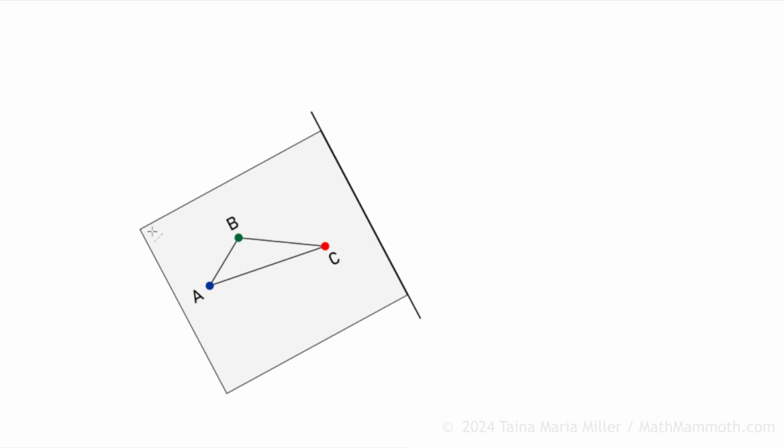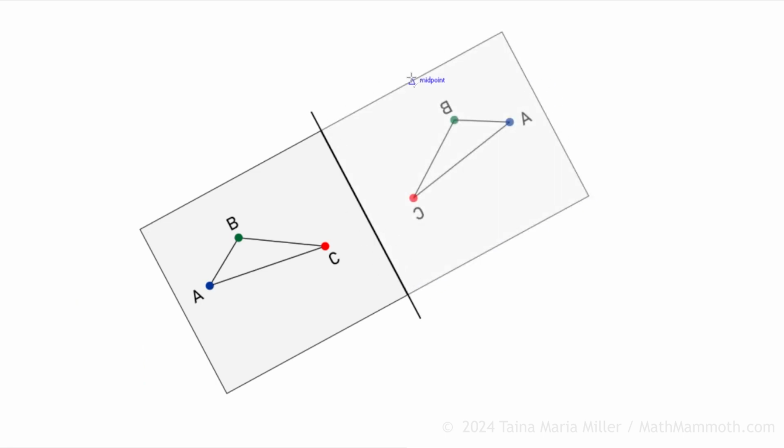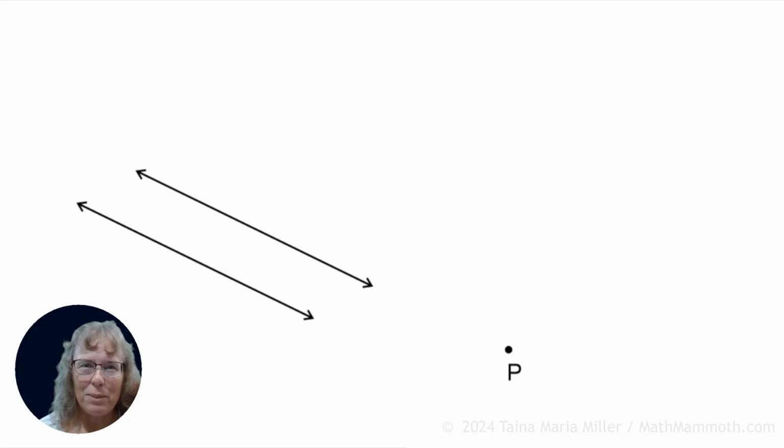You just flip it and move it over to the other side of the reflection line, and the result will look like this. Okay, so this would be your paper again, but it's now flipped over and moved over here. Again, notice that the perpendicular distance here is the same as the perpendicular distance here to the reflected point.